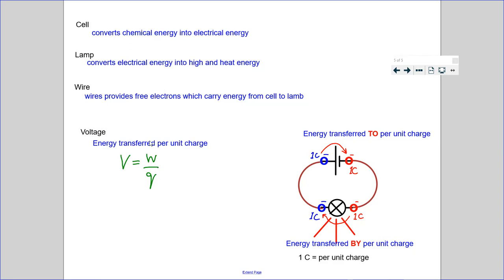So this thing has a unit of joule per coulomb, which is actually equal to volts.